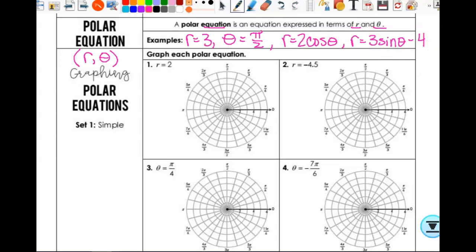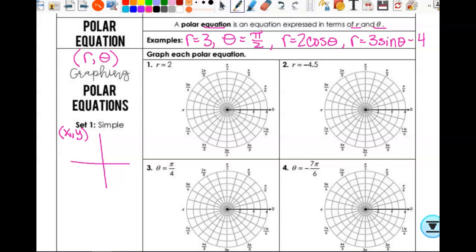Something like that. Those are just some examples of what could exist. So the first two that I wrote down are just r equals something and theta equals something.